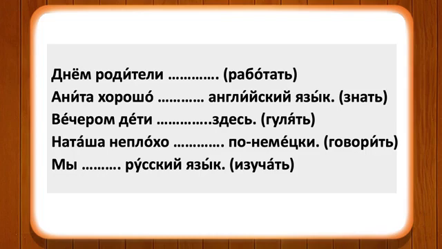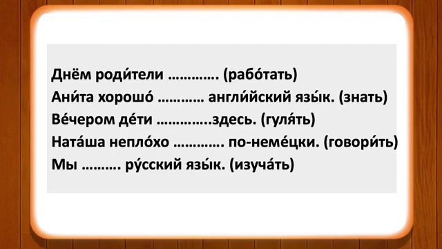Let us do another exercise. It is fill in the blanks with the appropriate form of the verbs given in the bracket. Днем родители, and in the bracket you have the verb which you need to use and fill in the blanks. Now днем means during the day, родители, parents. Родители is the они form. So the verb that you will be using, the form of the verb will take the они form.